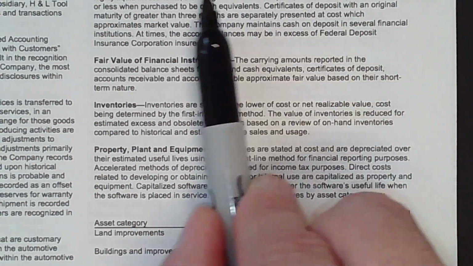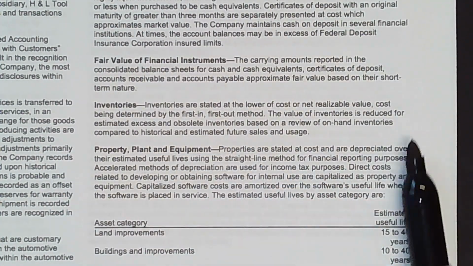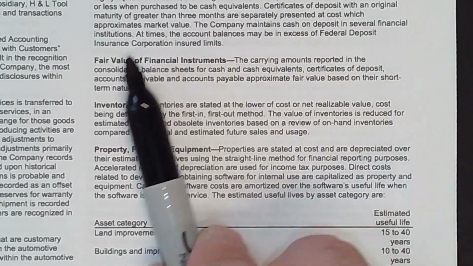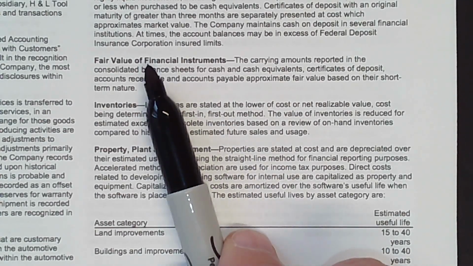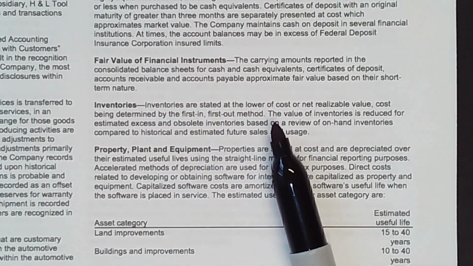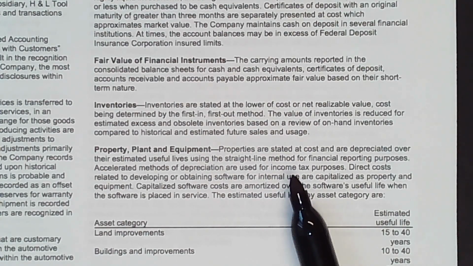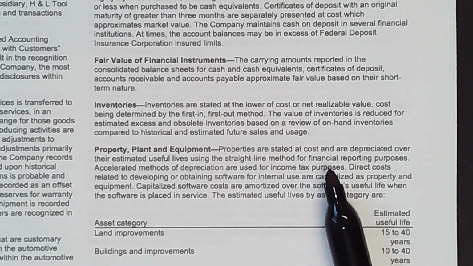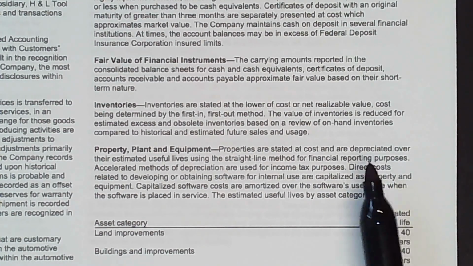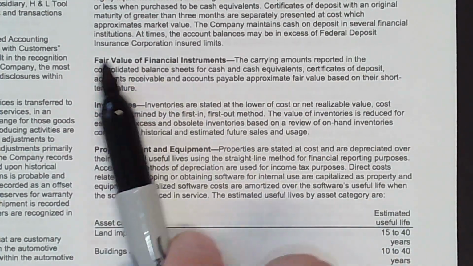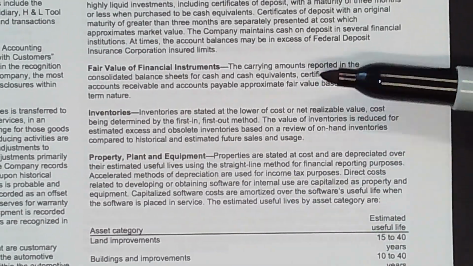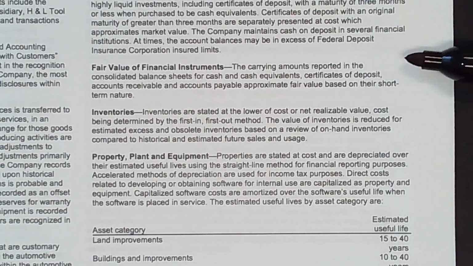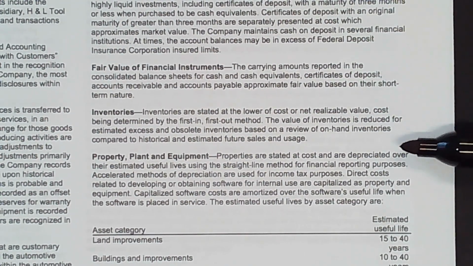Right, just in this little block, we see 3 different ways of accounting for things on the balance sheet: fair value, lower of cost or net realizable value, and cost less depreciation. So it's very interesting that in this very short amount of time you have been exposed to 3 different methods. What they mean we'll get into. But again, we're just trying to give some clarity on what you should be looking for when you're looking at these things.